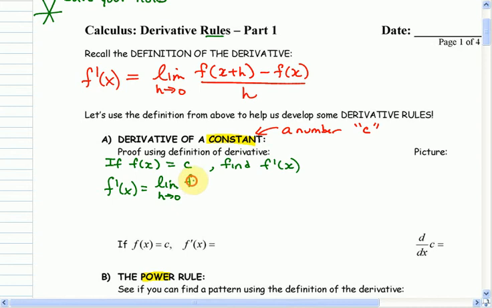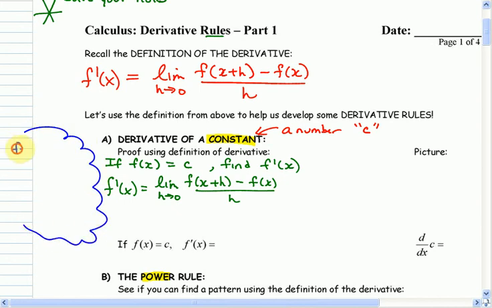Now, what is this f of x plus h stuff then? And what is f of x in this example? C plus h? Let's think about this. You don't need to write this stuff on the side if you don't want to. If f of x equals c, what's f of x plus h? Remember the idea of function notation is wherever you see x, replace it with what's inside the bracket.